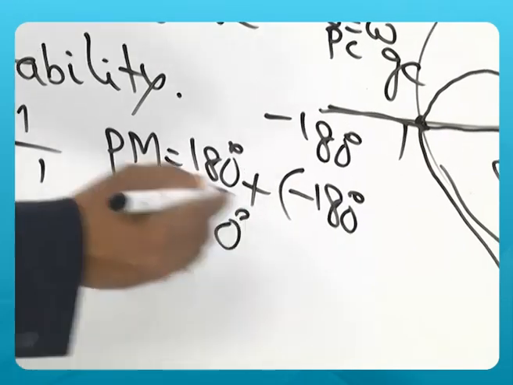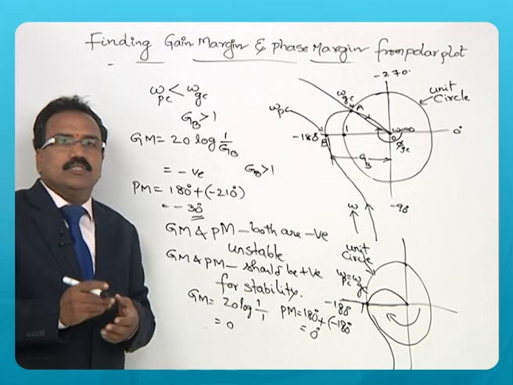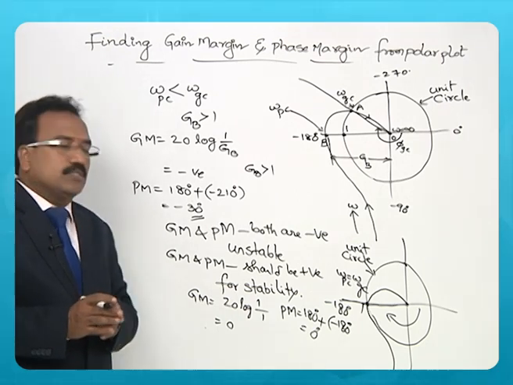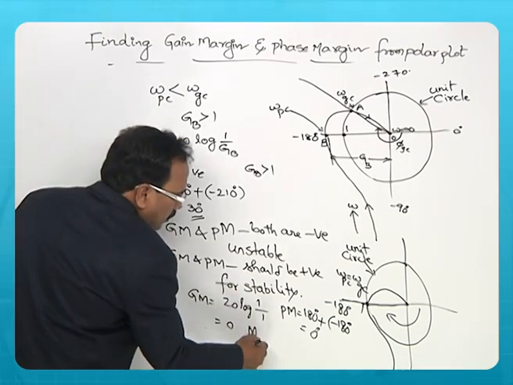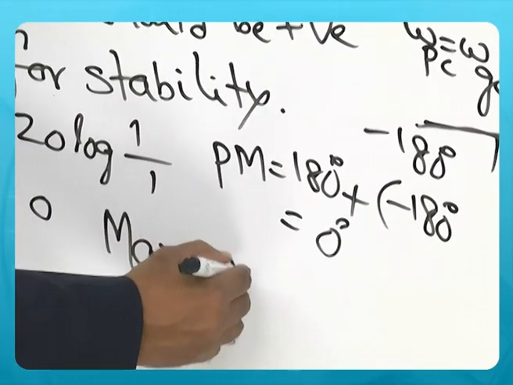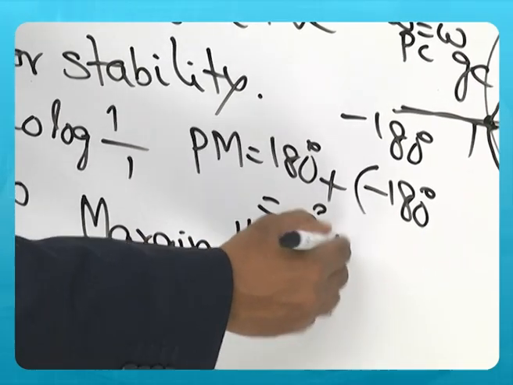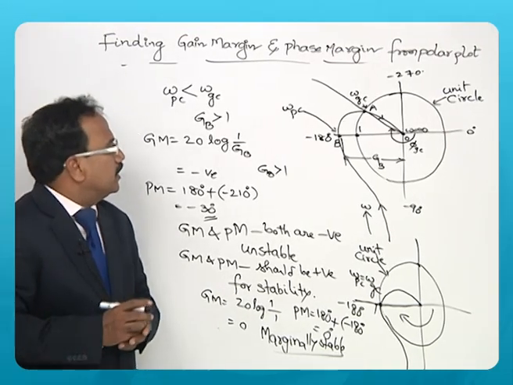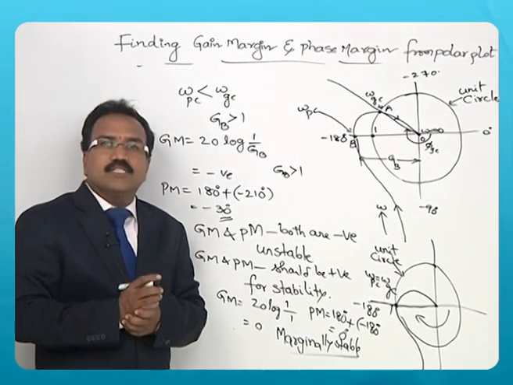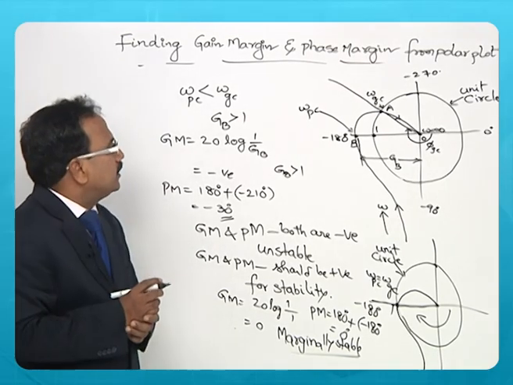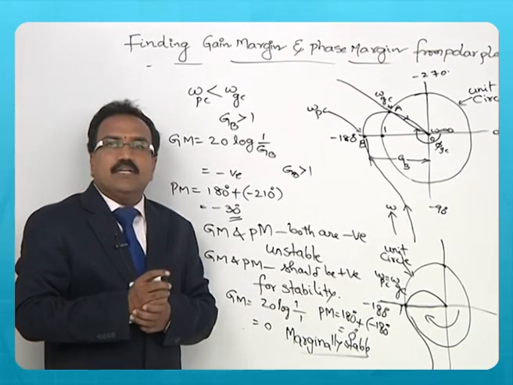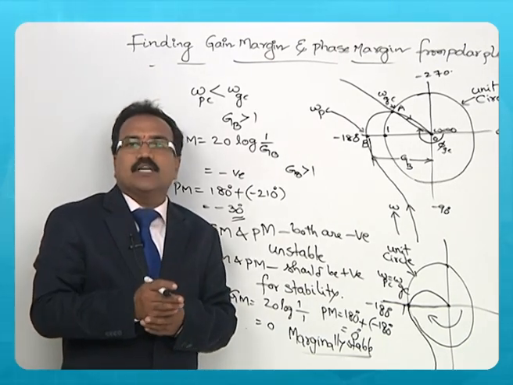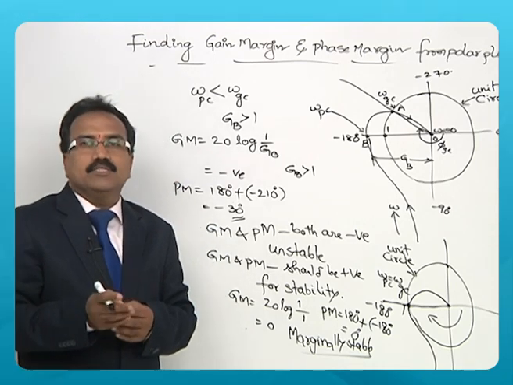So, phase margin is also 0. Both gain margin and phase margin are just zeros. So, we can say that the system is marginally stable. The conclusion is that the gain of the system while crossing the 180 degree line should be less than 1 for the system to be stable, greater than 1 means unstable, and equal to 1 means marginally stable.